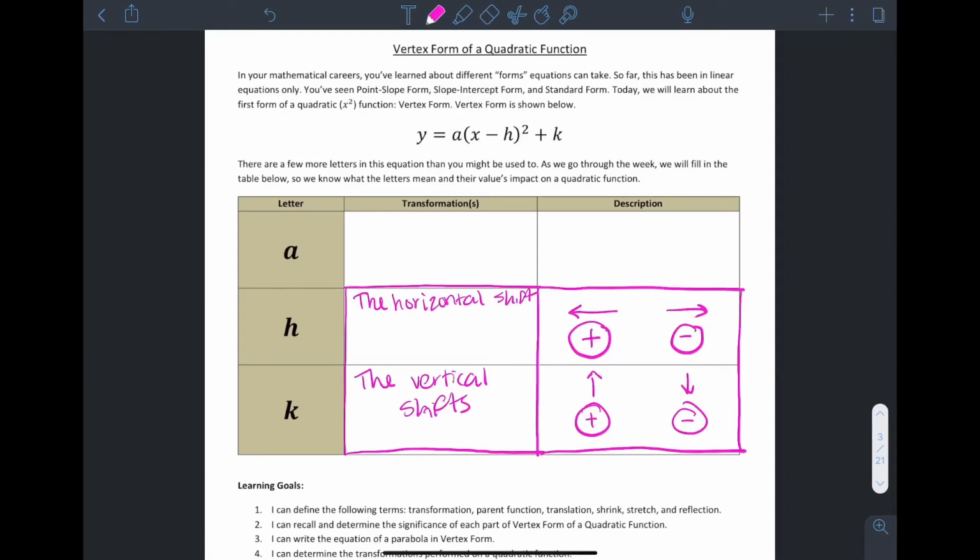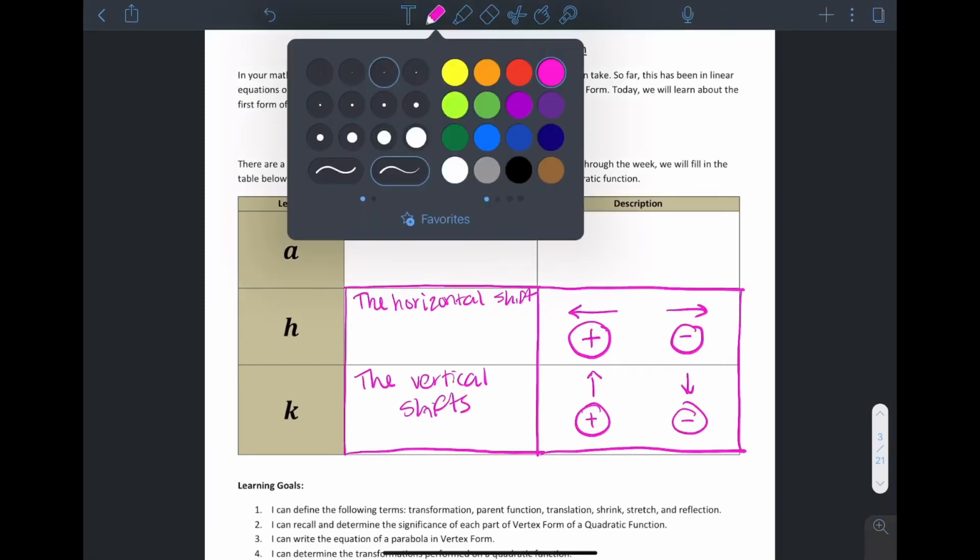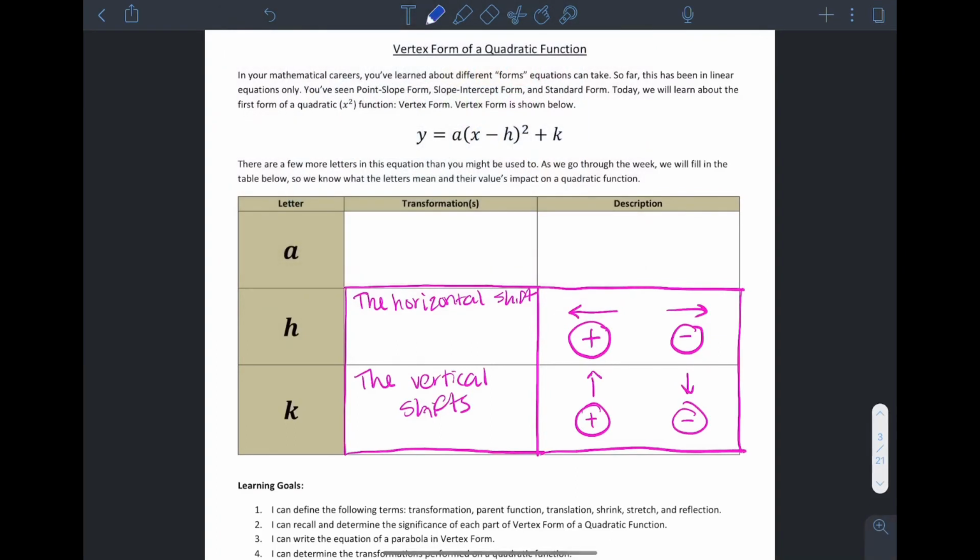Now, a is the more complicated guy, where h and k really focus on where the parabola is located on the coordinate grid. a worries about the shape of the parabola, right? a deals with a couple of things. a can make it wider and narrower, right?